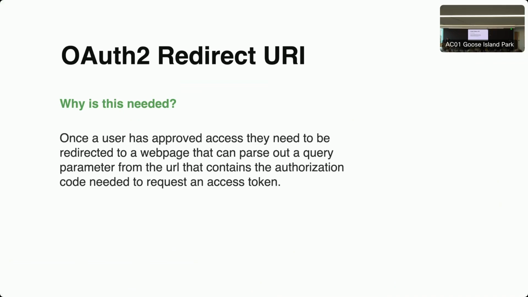So the redirect, why do we need this? Once they've authorized the service, they need some way to get information back to us, so then we can go ahead and actually start using OAuth. With that redirect, we personally use GitHub Pages.